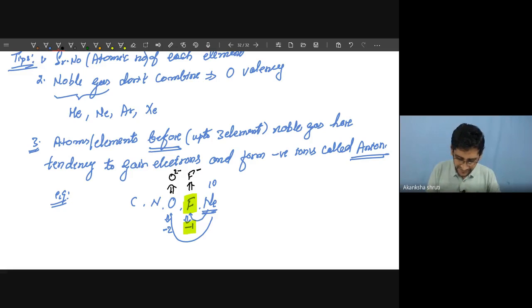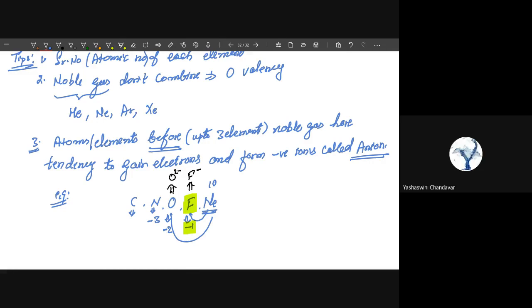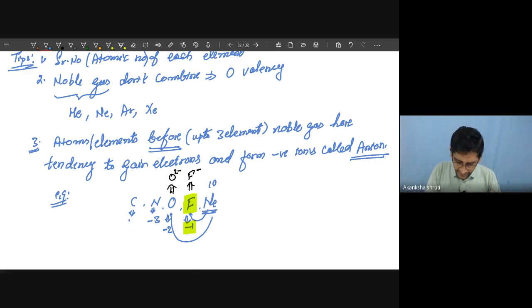Okay, students. Nitrogen is deficient by 3 states before this, so -3. Carbon, now students, it becomes simply 4. If we go further before this, up to 3 or 4 before a noble gas you have to look, and similarly 4 after this noble gas you have to look.